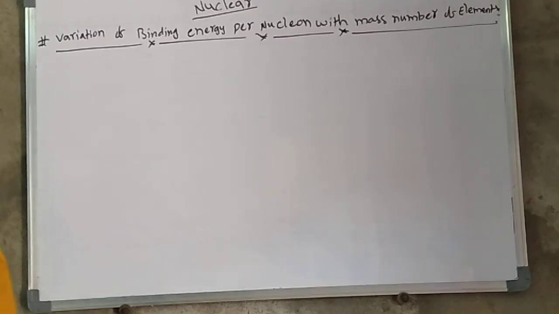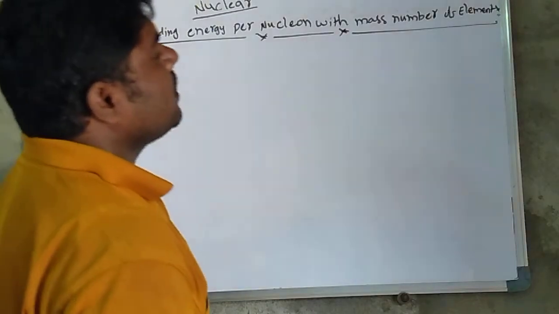Here is the graph between binding energy per nucleon versus mass number.